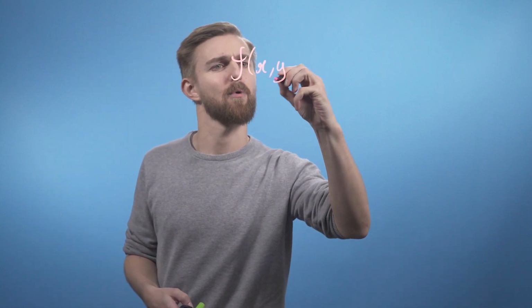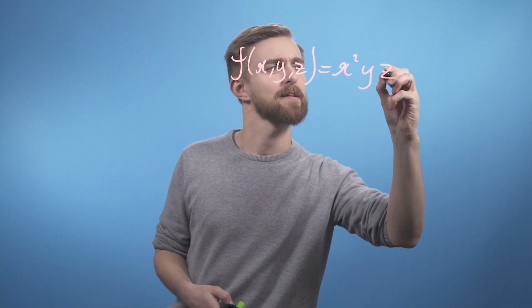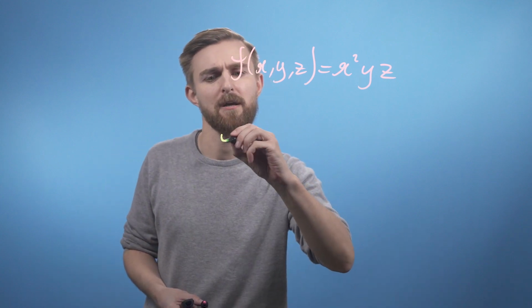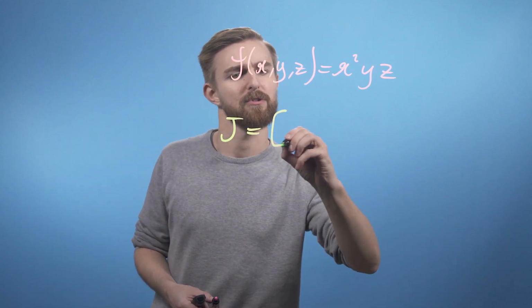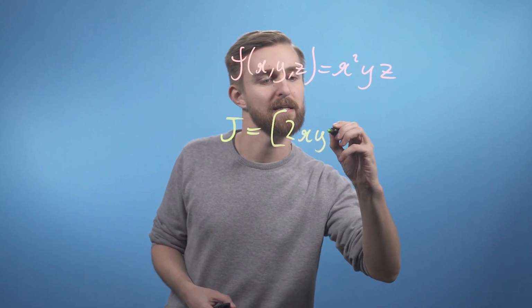Let's now take a look at a quick example. It often makes life easier to find the Jacobian first and then differentiate its terms again to find the Hessian. So for our function, f of x, y, z equals x squared yz, we're going to first build the Jacobian, which of course is going to be J equals: differentiate with respect to x, we get 2xyz.